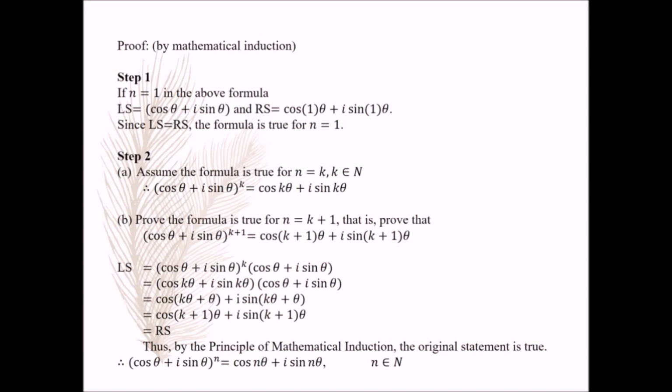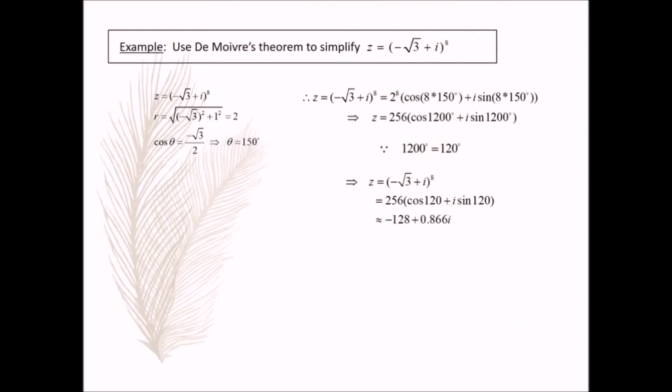De Moivre's theorem can be proved by using mathematical induction, which is composed of two steps. This is an example on how to simplify z to the power of 8 by De Moivre's theorem.